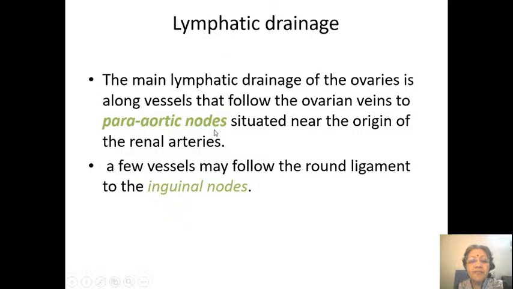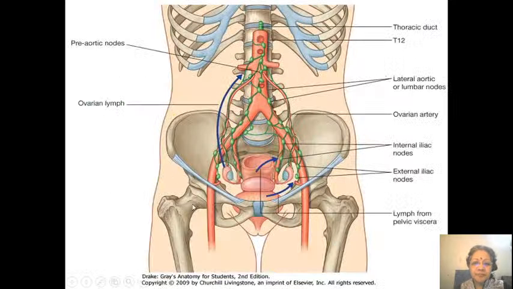So a little bit of lymph generated from ovarian tissue can find its way to inguinal nodes, accompanying the round ligament of the uterus. Most of it is going via the internal iliac system back to the para-aortic nodes, right?